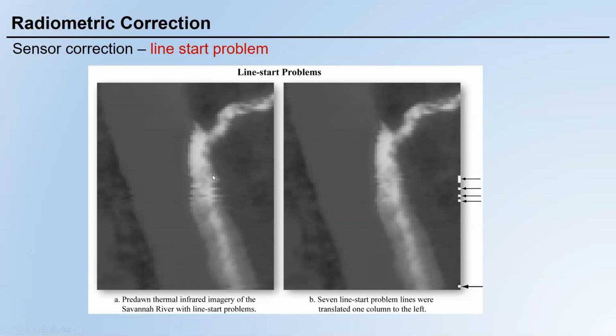The problem is that if you observe this part of the river, you can see the shape of the river is distorted, because obviously if this image is normal, this whole part should be occupied by naturally distributed bright pixels.